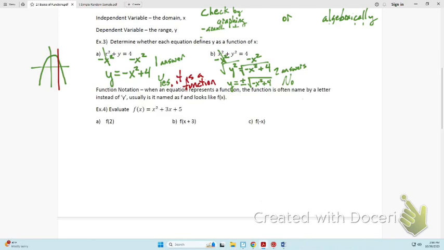On part B, I have a circle, and it fails the vertical line test. No, it is not a function. And once again, give me a reason. It's got to have a graph next to it or some algebra. All right?